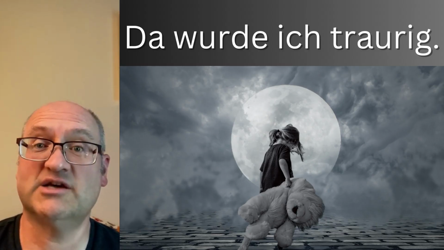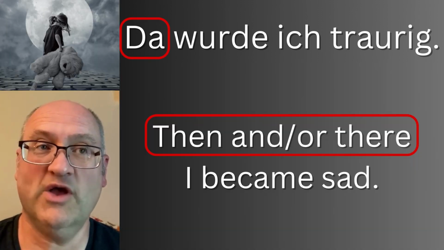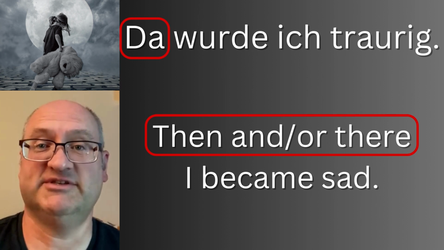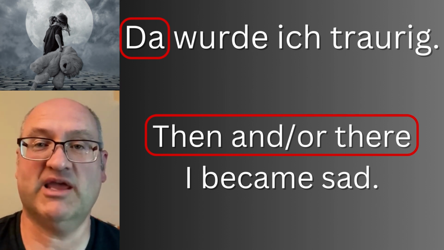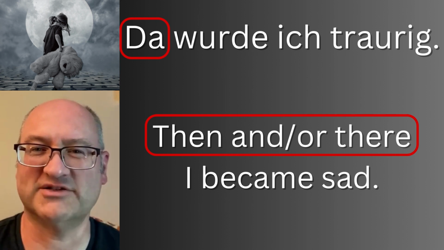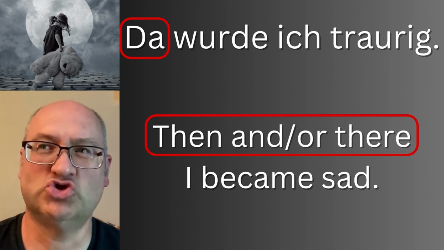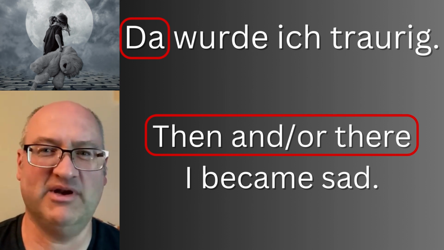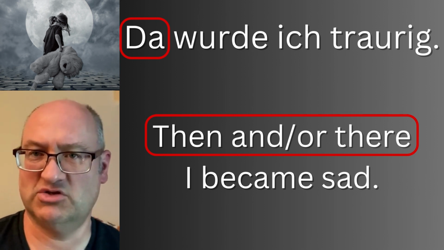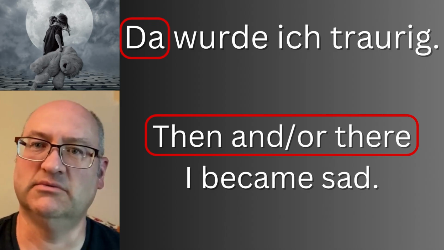"Da wurde ich traurig." So at that particular time and place, I became sad. Then I became sad. So here you have a little bit of that causal implication. So something must have happened at that time and place that contributed to my sadness.